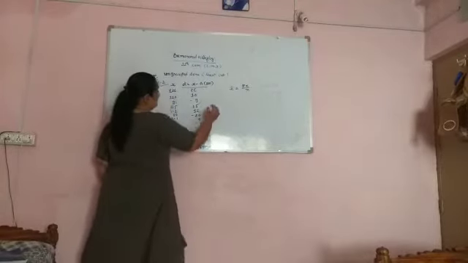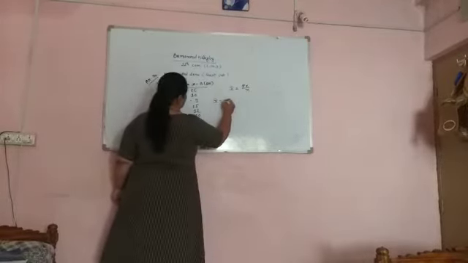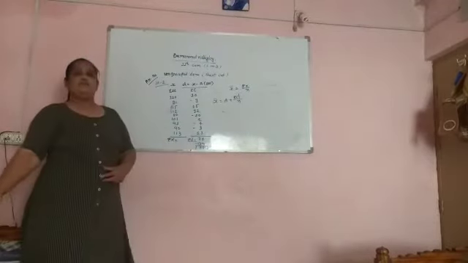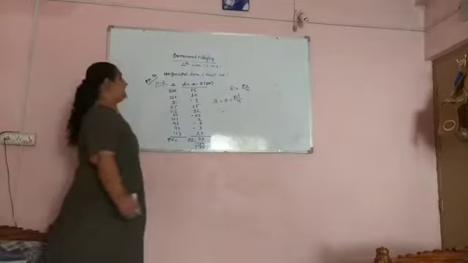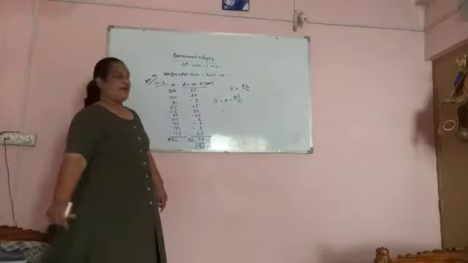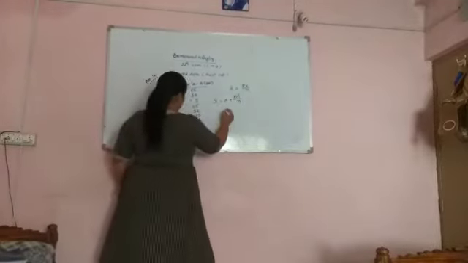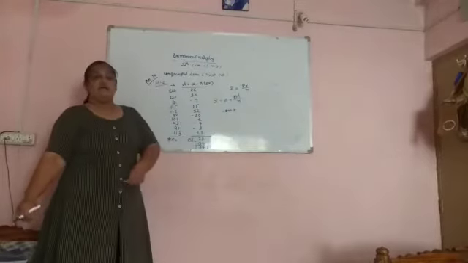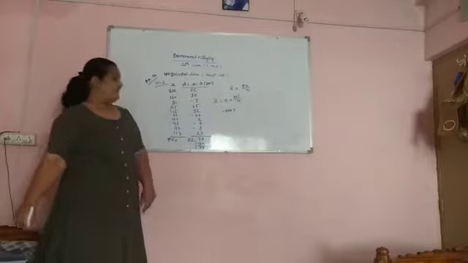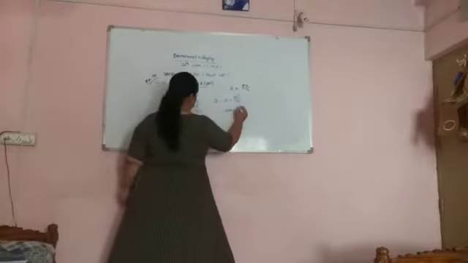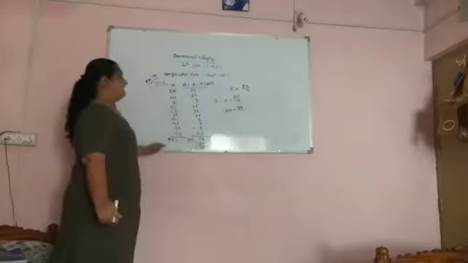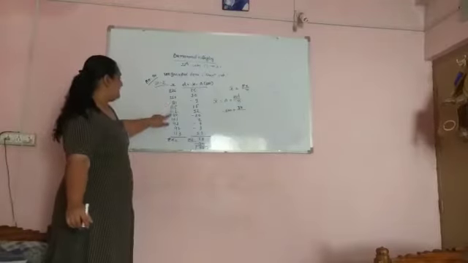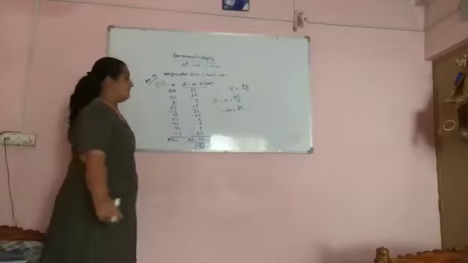Now we will put the formula. X bar is equal to A plus sigma D upon N. It's our shortcut formula. In this we will take 100 as an assumed mean. So we will put in the place of A 100 plus sigma D is equal to 38 and N is equal to the number of the observations 1, 2, 3, 4, 5, 6, 7, 8, 9 and 10.